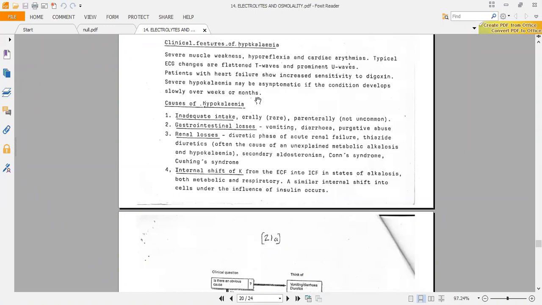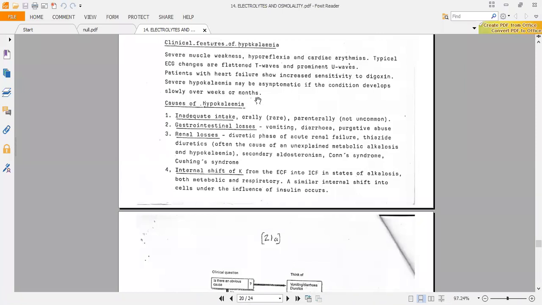And sometimes too, I talked about certain drugs that inhibit aldosterone, which are used in management of hypertension, including diuretic drugs. Most of the diuretic drugs will cause hypokalemia.